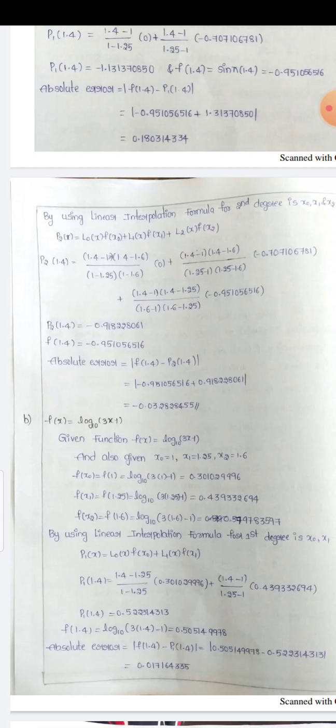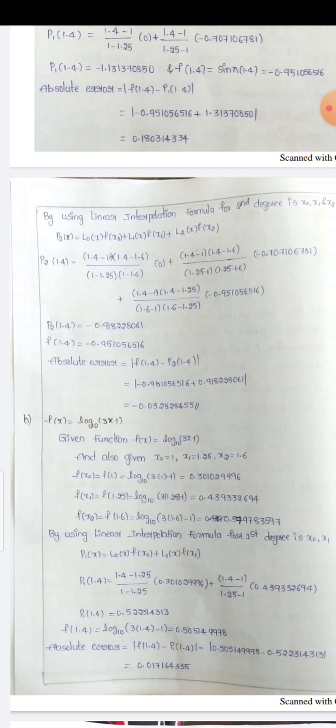Absolute error is equal to mod of f of 1.4 minus P2 of 1.4, is equal to mod of minus 0.951056516 plus 0.918228061, is equal to 0.03282855.